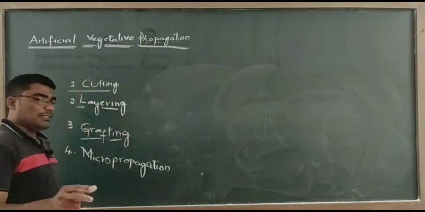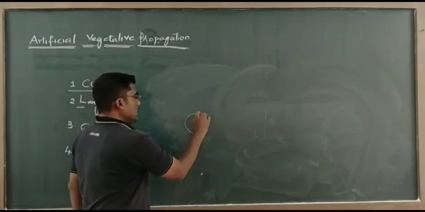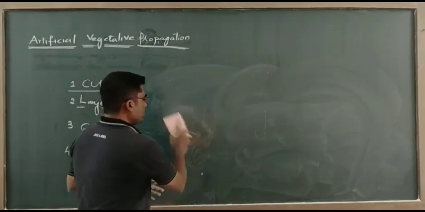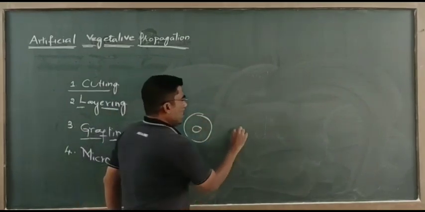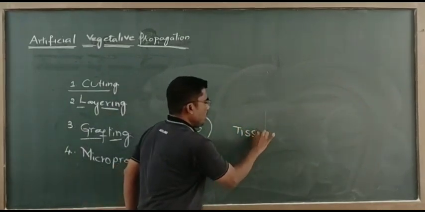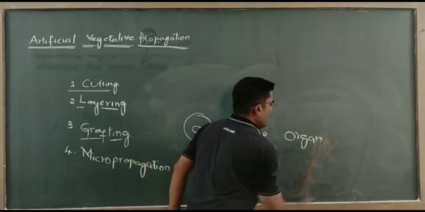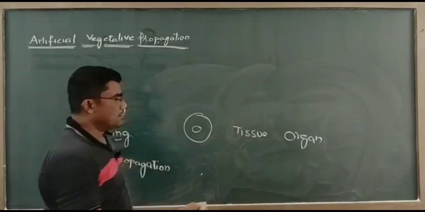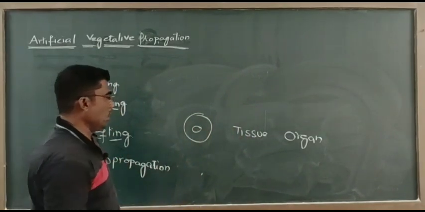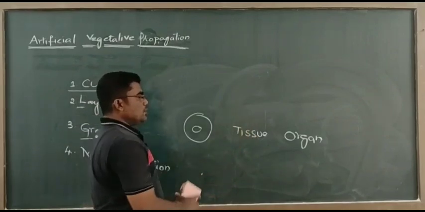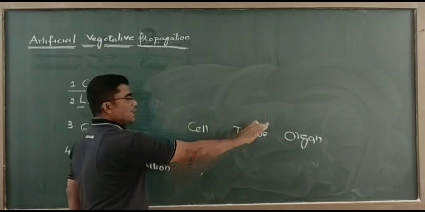It means it is the technique where a cell, or otherwise a tissue, or maybe some small part of any organ, leaf, stem or root can be used. So here these are called explants.